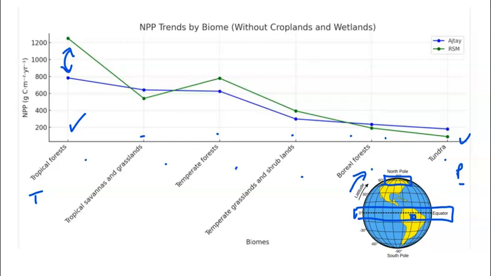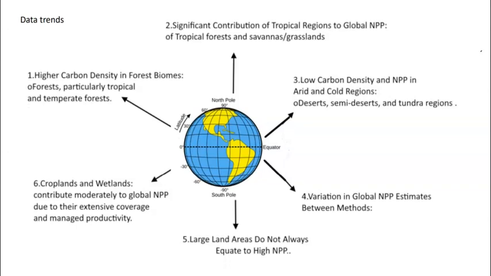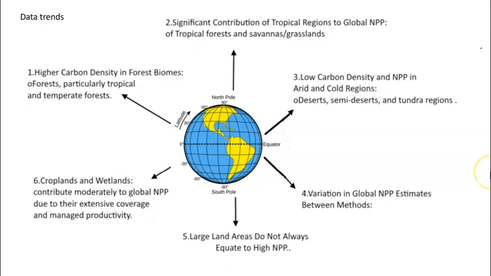If we take the data from the table that I showed you above, there are a number of other types of graph that you can analyze looking for trends and patterns. I've summarized here the trends and patterns from the analysis of my data.